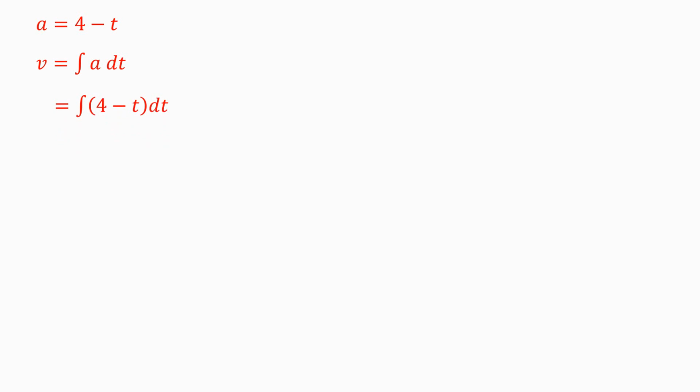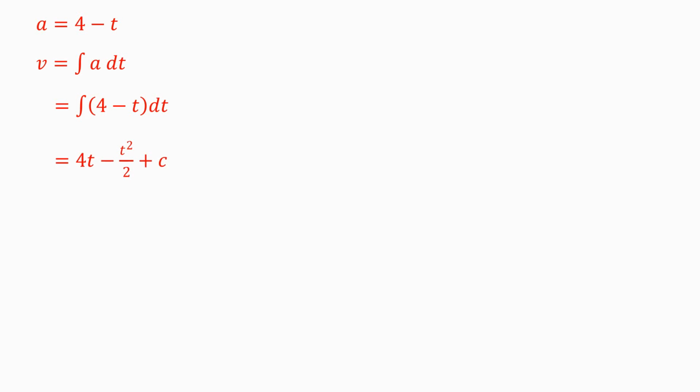And to integrate, we add 1 to the power of the unknown, then divide the term by the new power. So in our case, it will be 4t minus t squared over 2 plus c, because the integration is not definite, we don't have the limits.